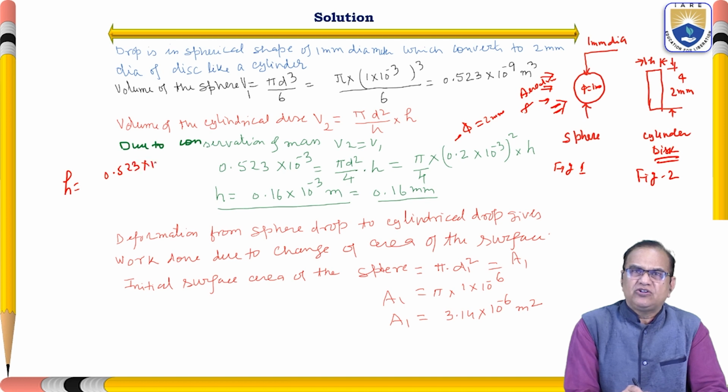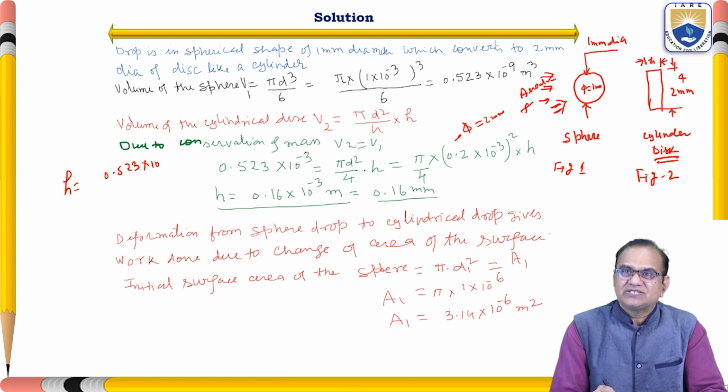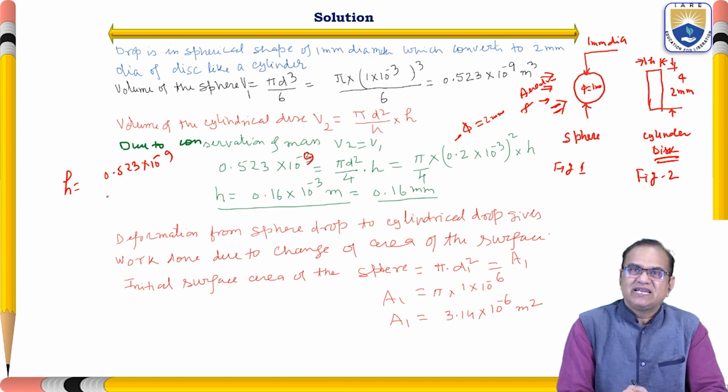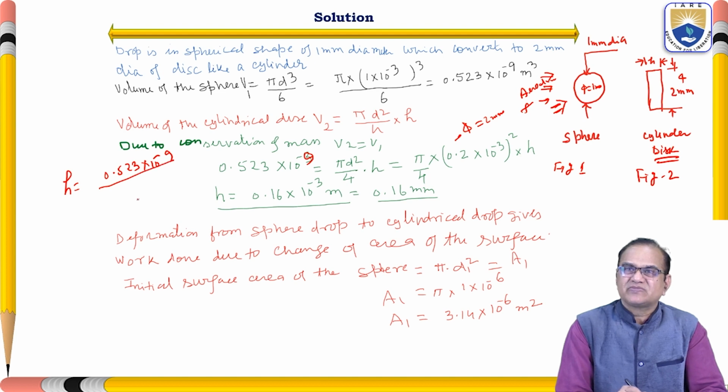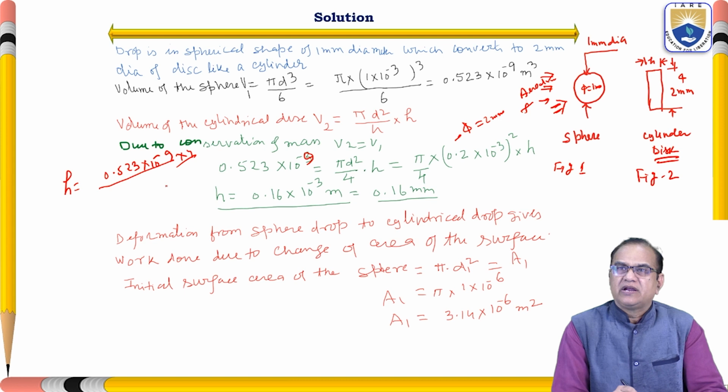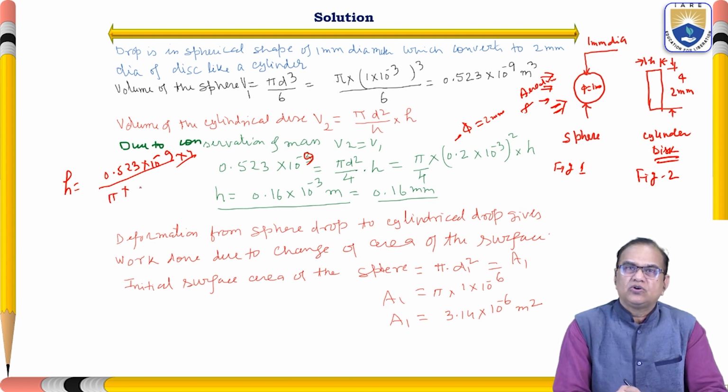So h is equal to 0.523 × 10^-9, sorry, it is 10^-9, divided by pi into 0.2 × 10^-3 squared, into 4.